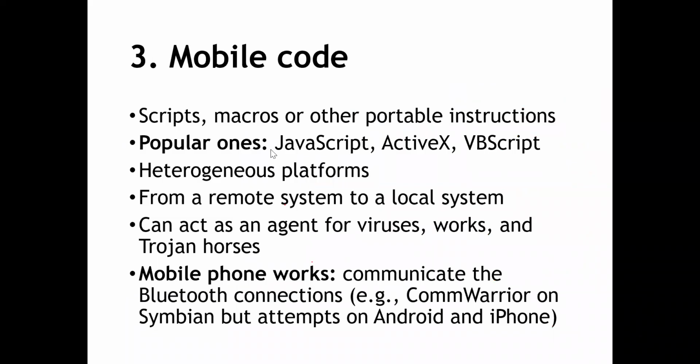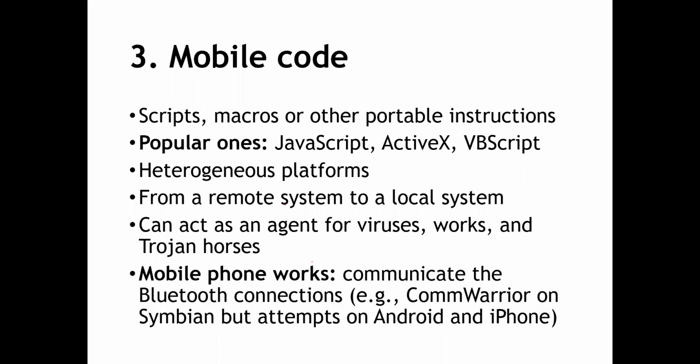Mobile code. These are small scripts, macros, or any other portable instructions. The most popular ones are JavaScript, ActiveX, and Visual Basic scripts. These are different mobile codes, and when you run them, you are able to see what is actively running on your machine. Even on your machine itself, there are some that cannot be detected by your antivirus.